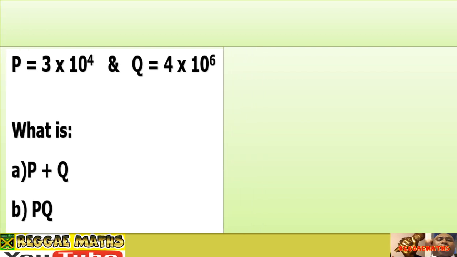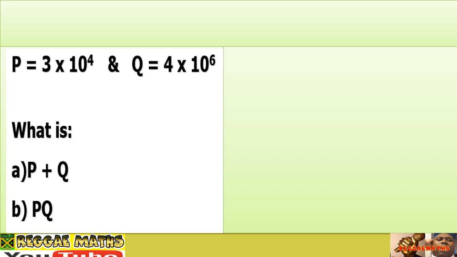So the first thing we're going to do here is actually look at standard form. So we got P equals 3 times 10 to the power 4 and Q equals 4 times 10 to the power 6, and it says we need to add both of these and multiply both of these.